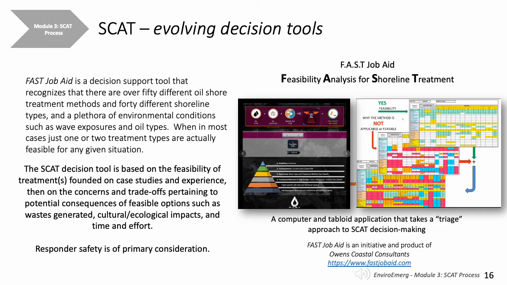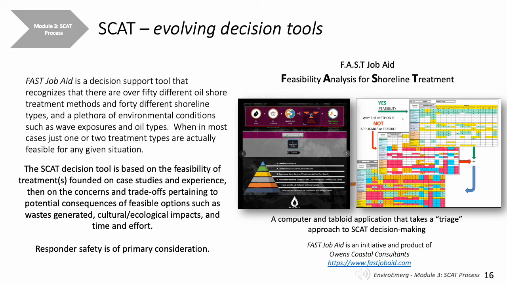Once the most feasible treatment options have been ascertained, the SCAT team determines what the concerns and trade-offs are pertaining to potential consequences, such as how much waste is generated, cultural and ecological impacts, or the time and effort that might be involved, logistics, and overriding safety to the workforce itself.